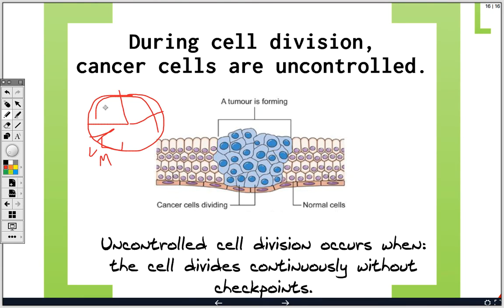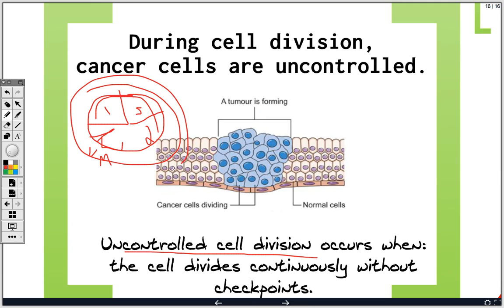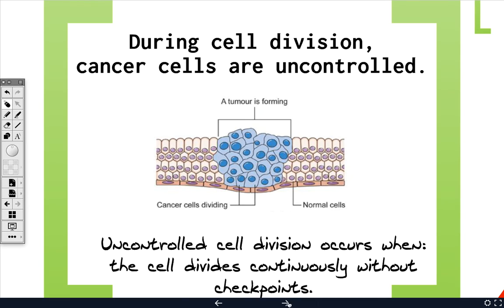We've got the G1 up here, we've got the S phase here, and we've got the G2 here. Well, when cancer cells are formed, cancer cells just uncontrollably go through this cell division process, and they go through without stopping at those checkpoints. And that's when more cells and more cells are made, and that's when a tumor gets formed. So it just continuously goes without going through those checkpoints.